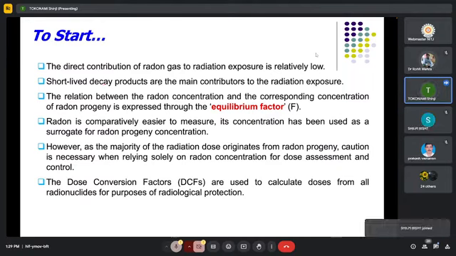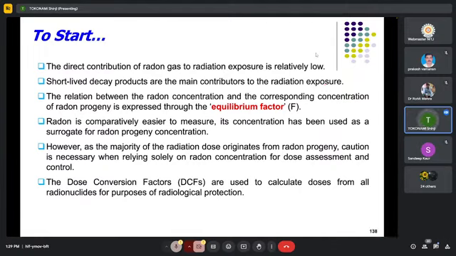Short-lived decay products are the main contributors to the radiation exposure. The relation between the radon concentration and the corresponding concentration of radon progeny is expressed through the equilibrium factor.